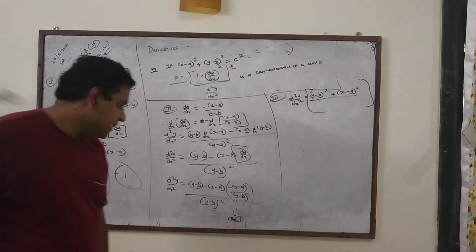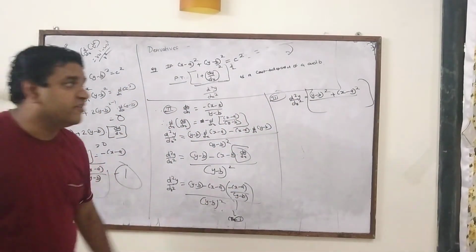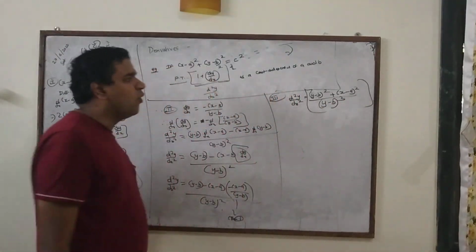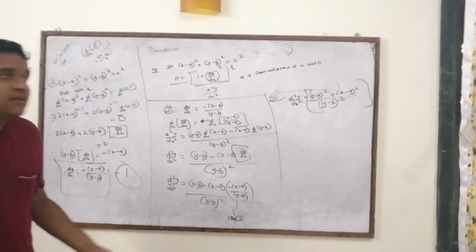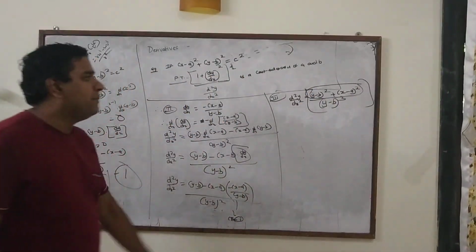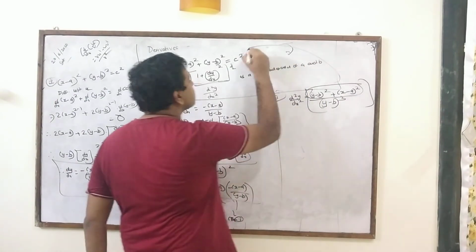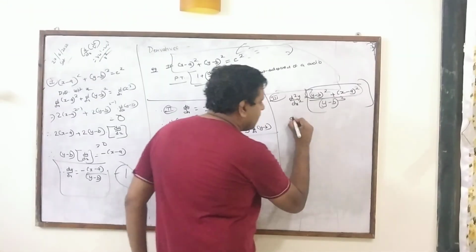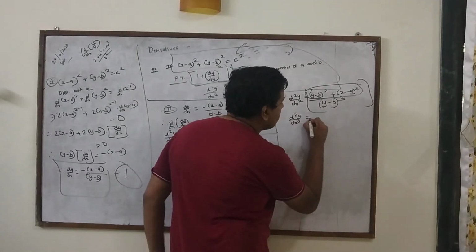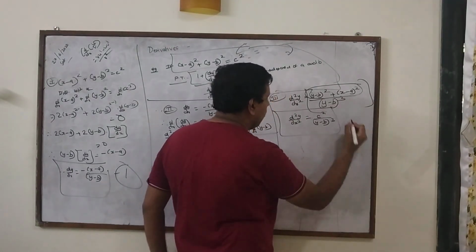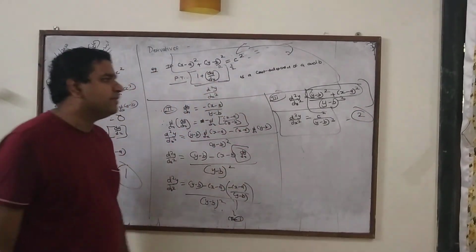The (y minus b) and the (y minus b) square in the denominator get adjusted and become (y minus b) the whole cube. (y minus b) square plus (x minus a) square, as per the question itself, is nothing but c square. So my d square y by dx square is equal to c square upon (y minus b) the whole cube. I call this as statement 2.